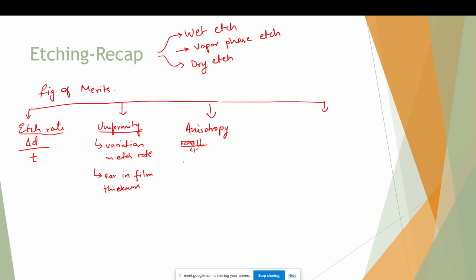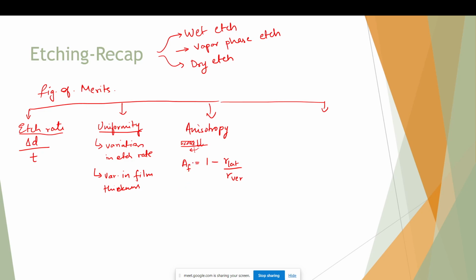Anisotropy is quantitatively described by the anisotropy coefficient, AF, that is 1 minus rate of lateral etch upon rate of vertical etch. This will always remain between 0 and 1.